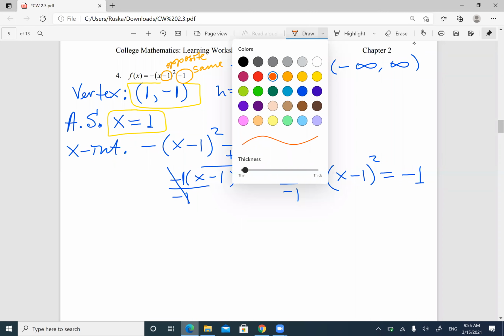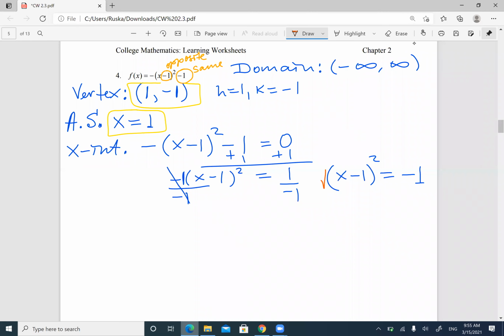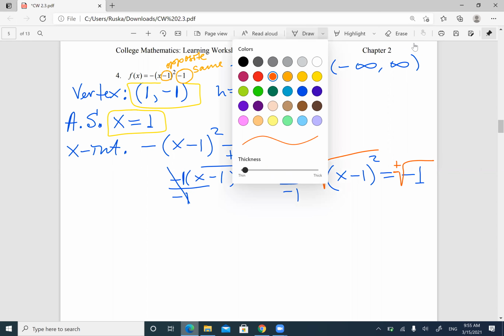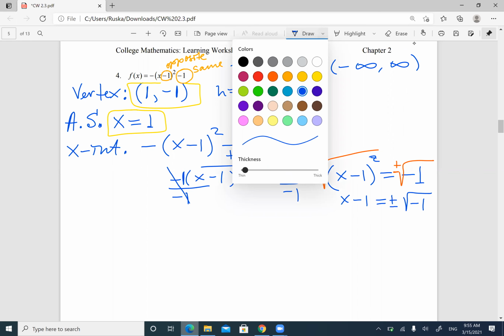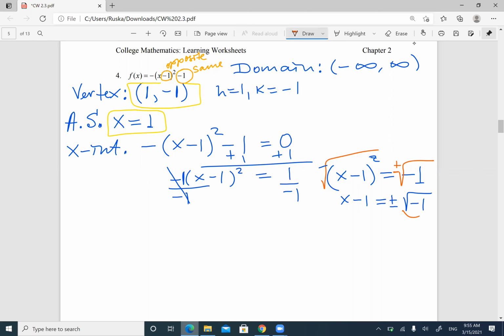Then we take the square root to get x by itself, right? We're using the square root property again. So take the square root of both sides, and don't forget plus or minus in front to get the two answers. The square root cancels the square, and you get x minus 1 equals plus or minus the square root of -1.